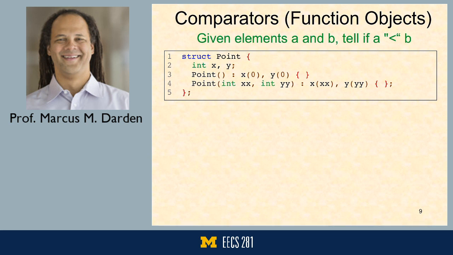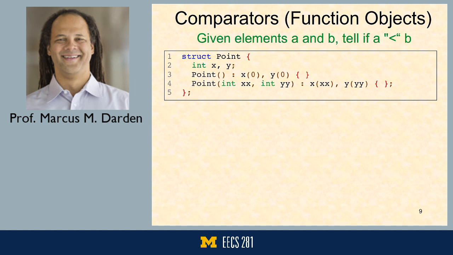Then we've got a couple of particular types of functors that we use. One is called a comparator, which is the topic of this slide. A comparator is a function object that takes two parameters and returns a bool that says whether or not they are in the correct order. The correct order in the STL is always less from left to right.